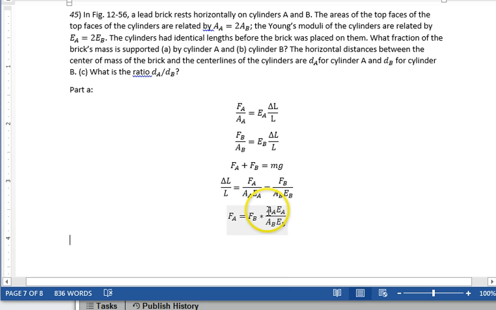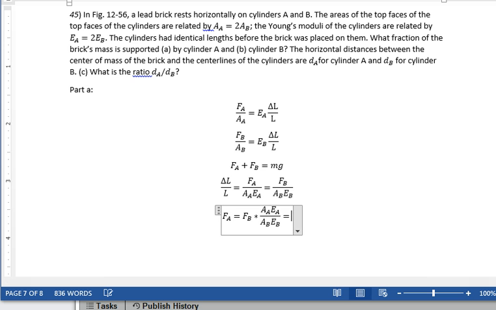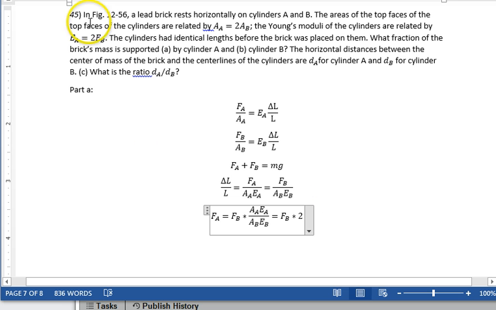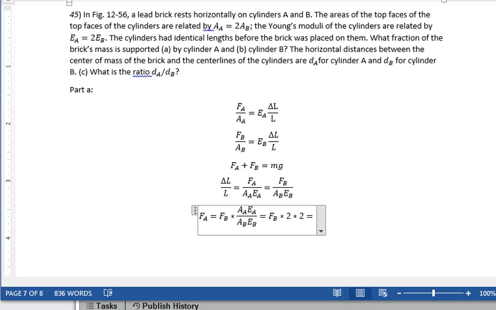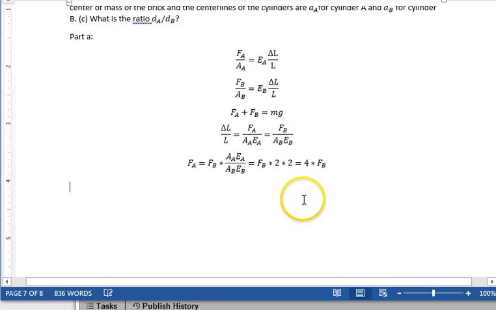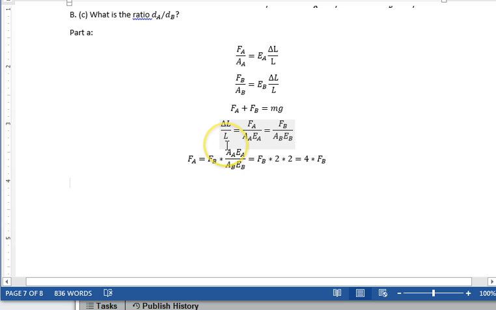So if I substitute in for those, that gives me FB times 2AB. It's going to give me a 2 in the denominator, and the AB in the numerator and AB in the denominator are going to cancel out. If I put in EA as 2EB, I'm going to get the same thing, and so I get FA is 4 times FB. All right, FA is 4 times FB.